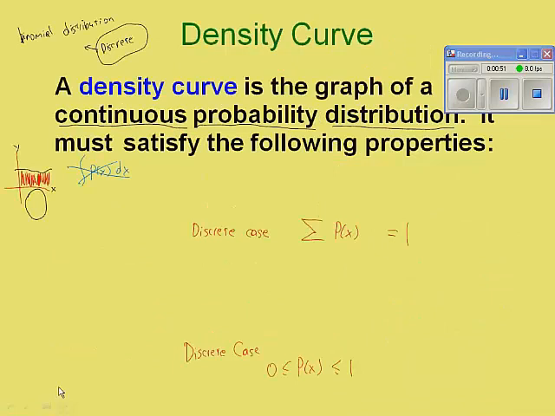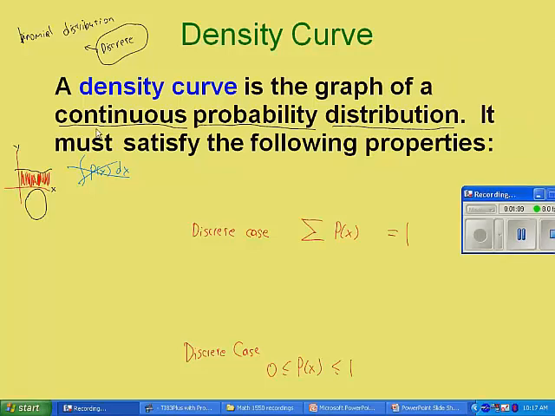So we mentioned that in general, if you have a curve on a graph, you can call it a density curve, or a probability density curve, if it's the graph of a continuous probability distribution, and it has to meet two properties.